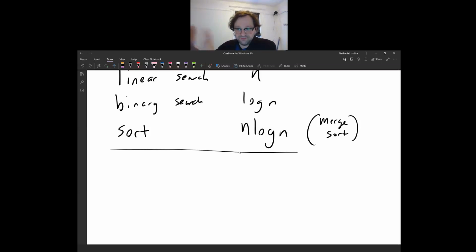Then you take your ones of length 4, merge them to be of length 8, and so on. It takes log n times to break things down to single units, and then there are n comparisons that you're doing, and then merging back up is another log n. It's not exactly n log n steps, but it's of that order. It's big O of n log n. Like n log n plus some other stuff, or maybe 2 n log n, but that's still just n log n.